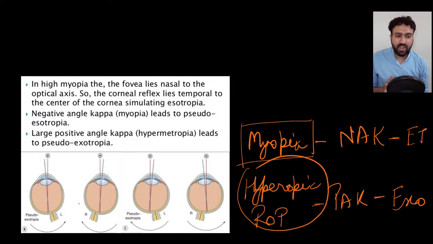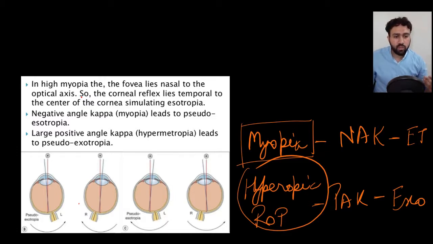Now with that understanding, I want to tell you what happens in myopia and hyperopia, right? So in high myopia, for example, there is axial lengthening of the eyeball, right? Because the lengthening of the eyeball is mostly axial, the fovea does not displace very much. So in fact, there is relative nasalization of the fovea compared to the anatomical axis.